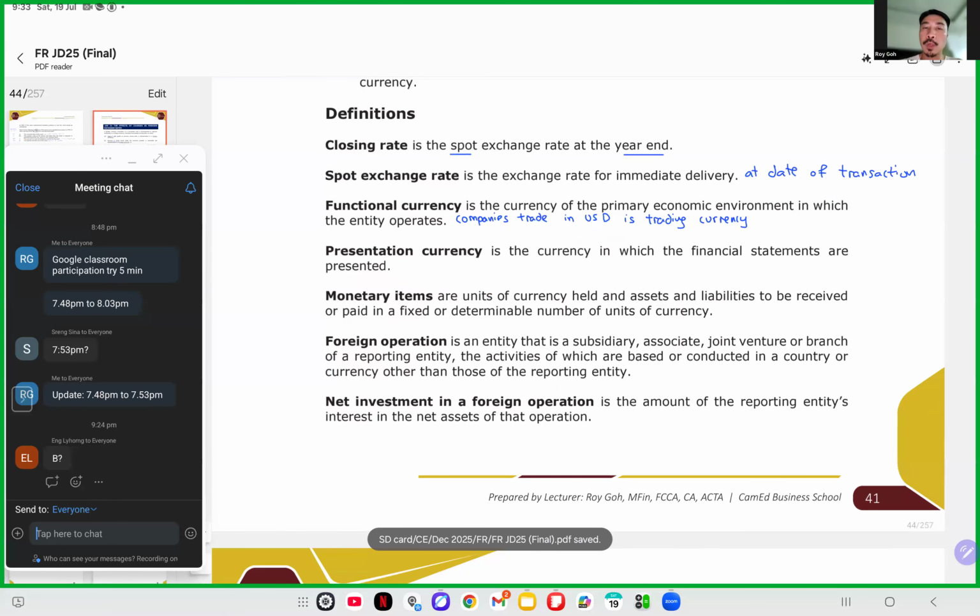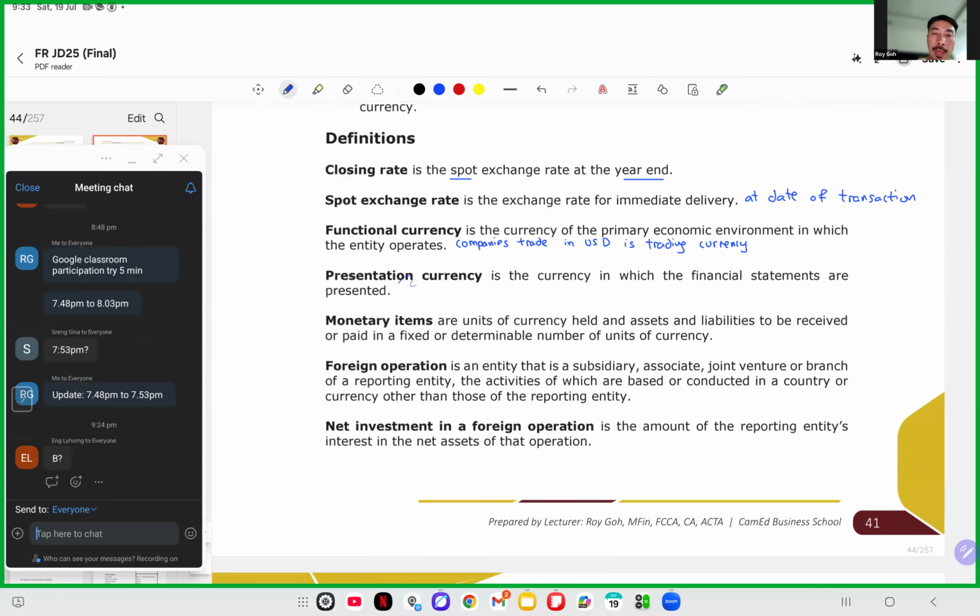So on the screen, companies report in Khmer Riel. It is called the presentation currency. So do you see the differences? Good.